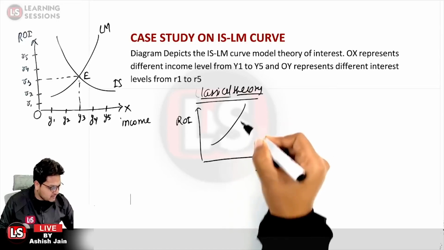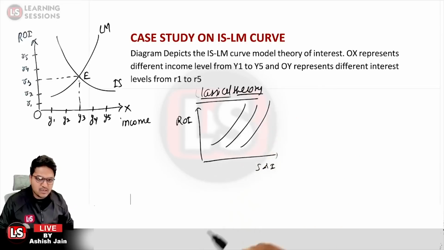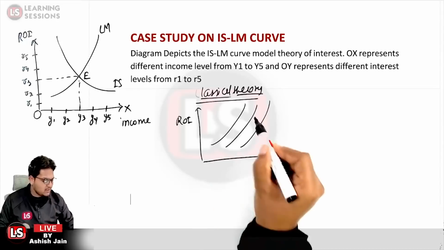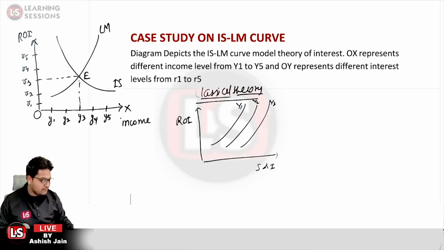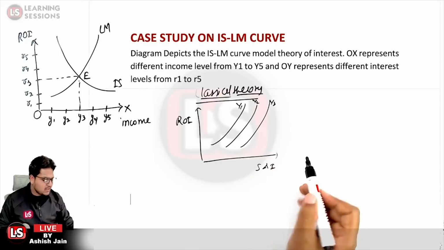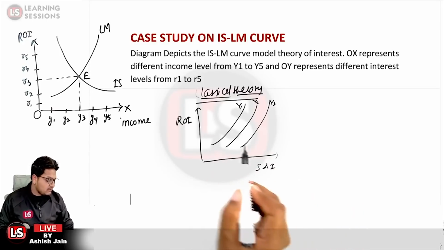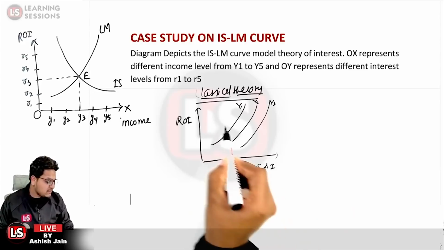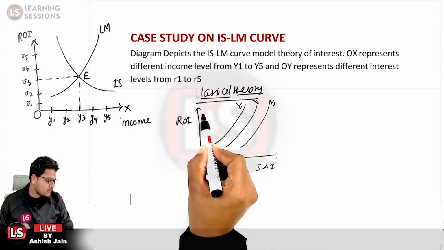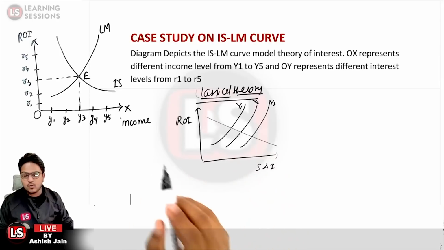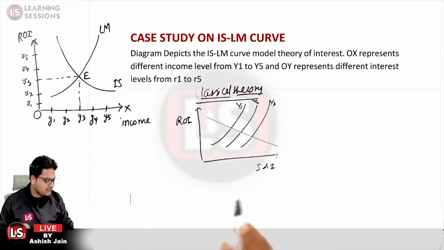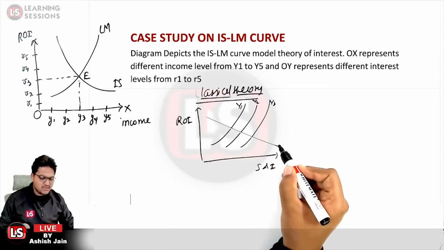So here we have the income curves. Different income curves are here that we will relate with Y1, Y2, Y3. These are the different income curves. And whenever our income is increased, our savings are increased. So the slope as per the classical theory of interest will be downward from left to right. And that is basically representing what?